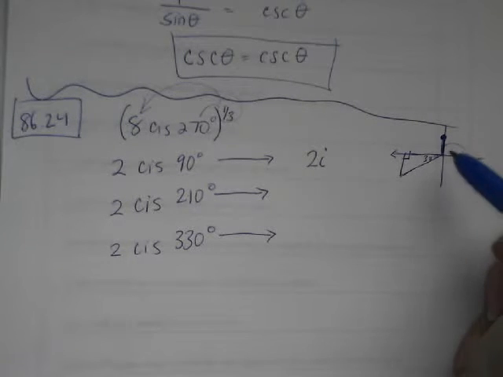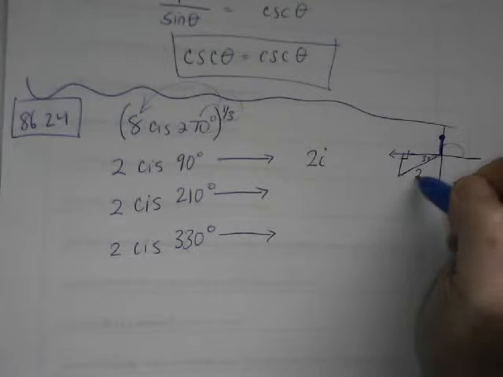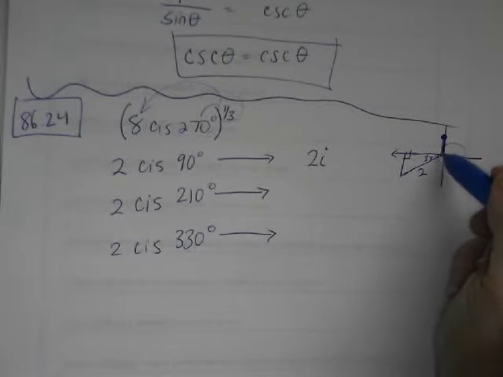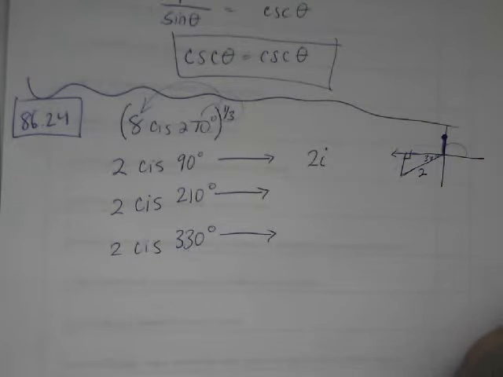I know it's really small. Okay, so I have a 30, 60, 90 triangle. I know the hypotenuse, or the radius, is 2, and I need to know these 2 sides. So I can use my SOHCAHTOA on those.